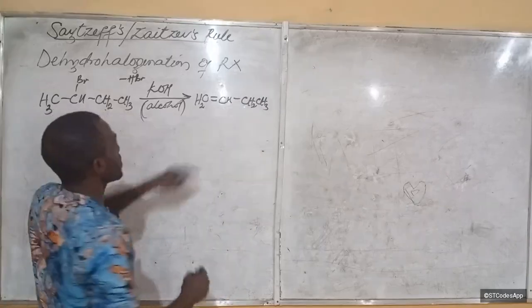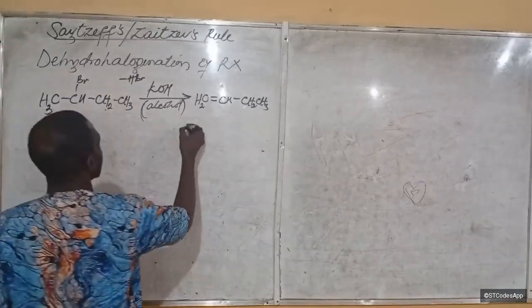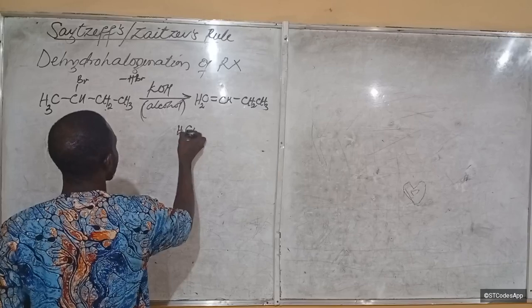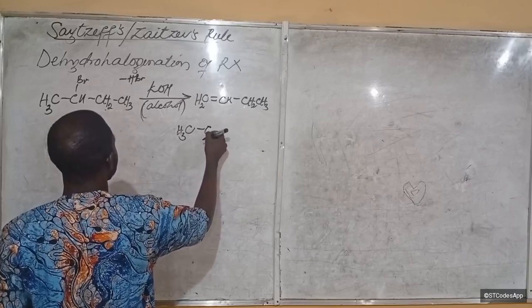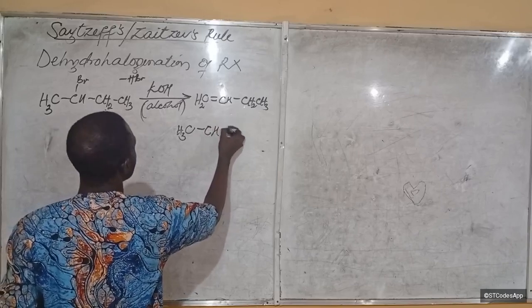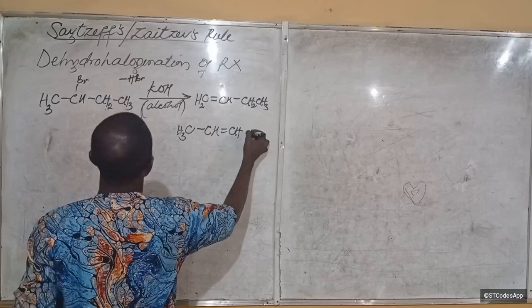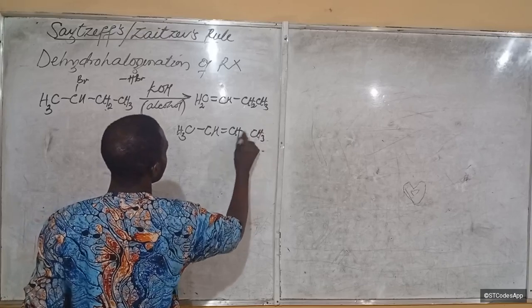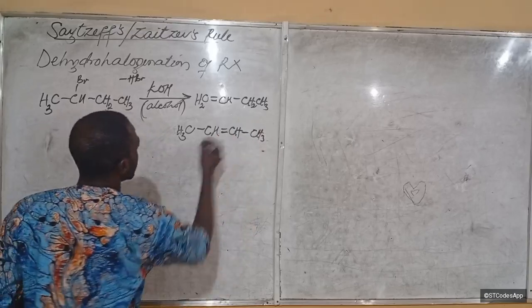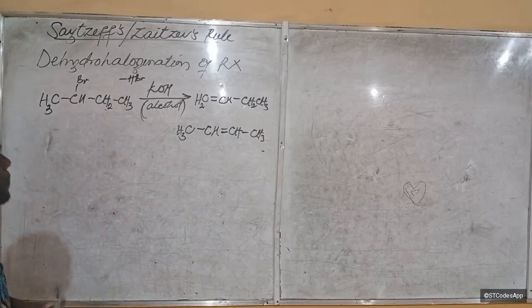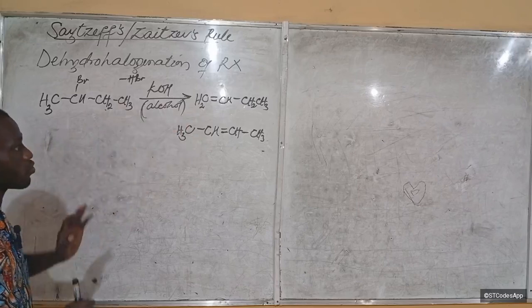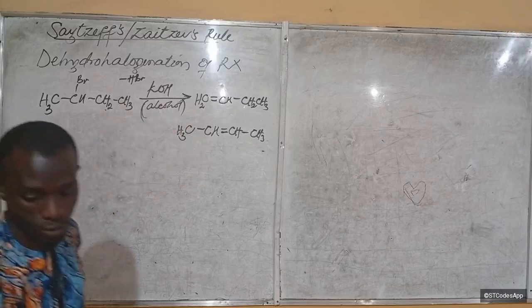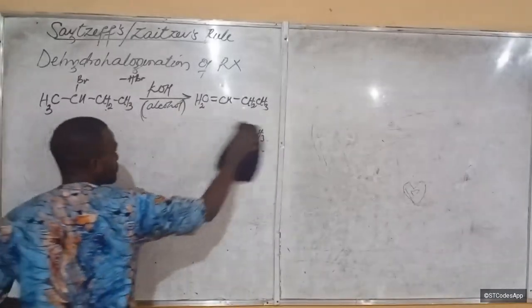The second is CH3, CH, double bond CH, CH3. Let me show you in the full chain so that you will understand better.